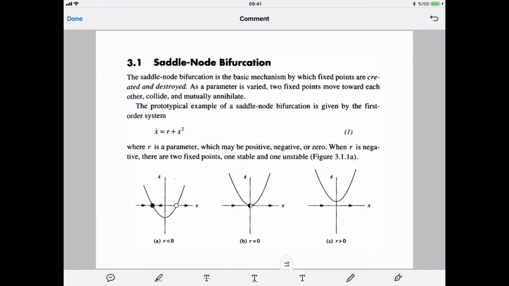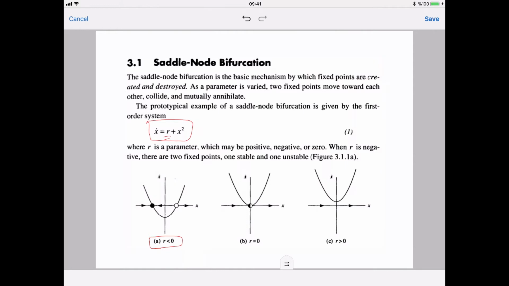Remember we had fixed points, etc., right? So bifurcations occur when you change some constant parameters in the nonlinear systems of equations, or just 1D flows, doesn't matter. For example, let's consider this one. Okay? If r is smaller than 0, what do you have?